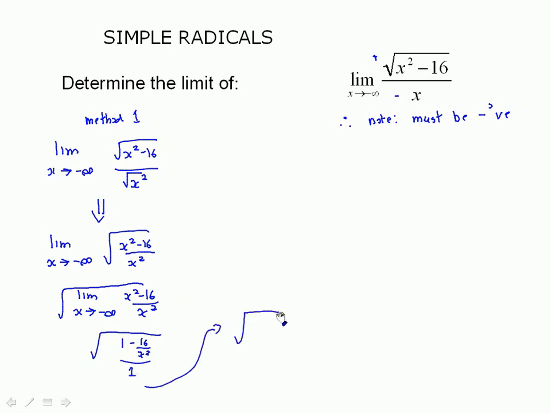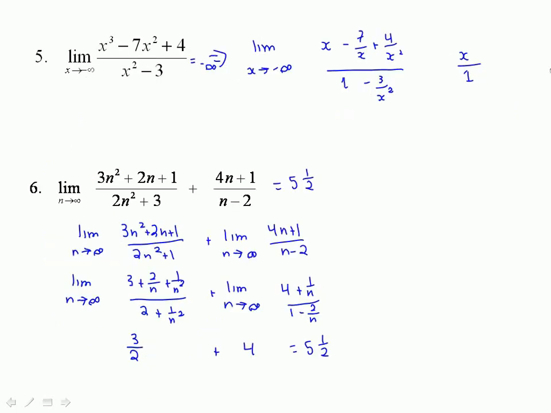And then this is the root of, well, that's 1 over 1, so that's equal to 1. And don't forget, it's going to be negative 1, because the expression has to be equal to negative. So this is going to approach negative 1.